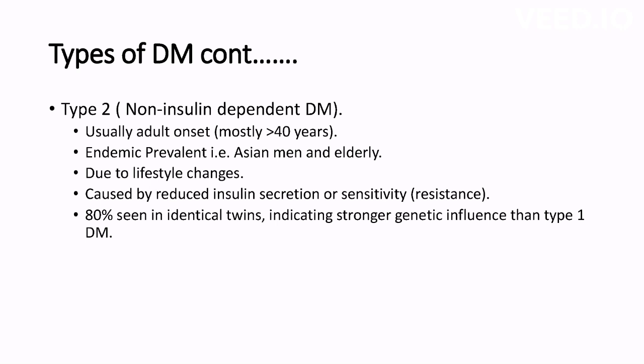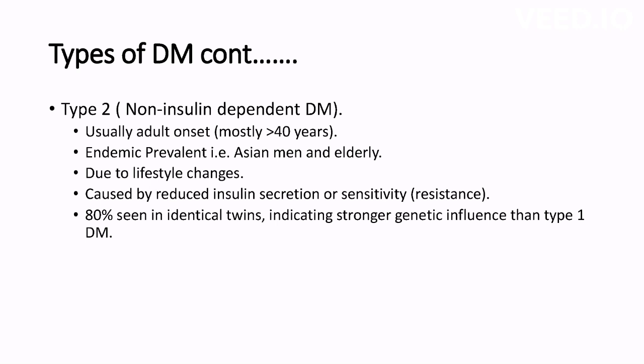But the key point here is that it starts in adulthood, and it has an endemic prevalence such as Asian men and elderly, and most of the time it is due to lifestyle changes. We are going to see the risk factors for diabetes mellitus.